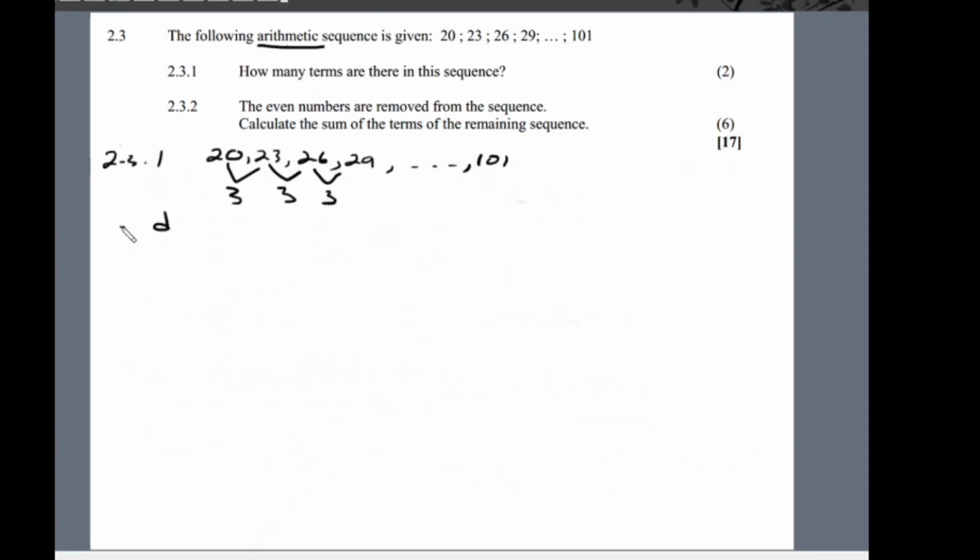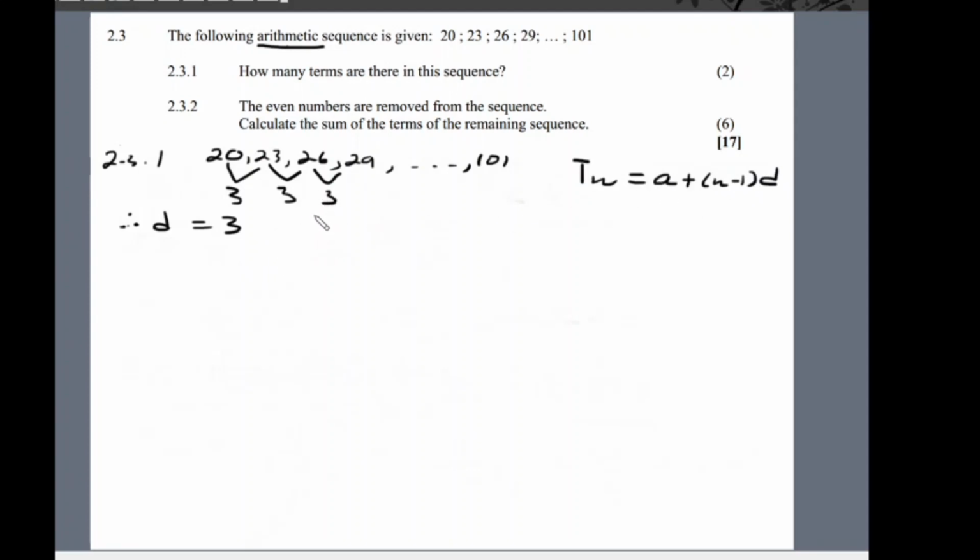Therefore, our common difference is 3, right? Because this is an arithmetic sequence, we can apply the formula for Tn.